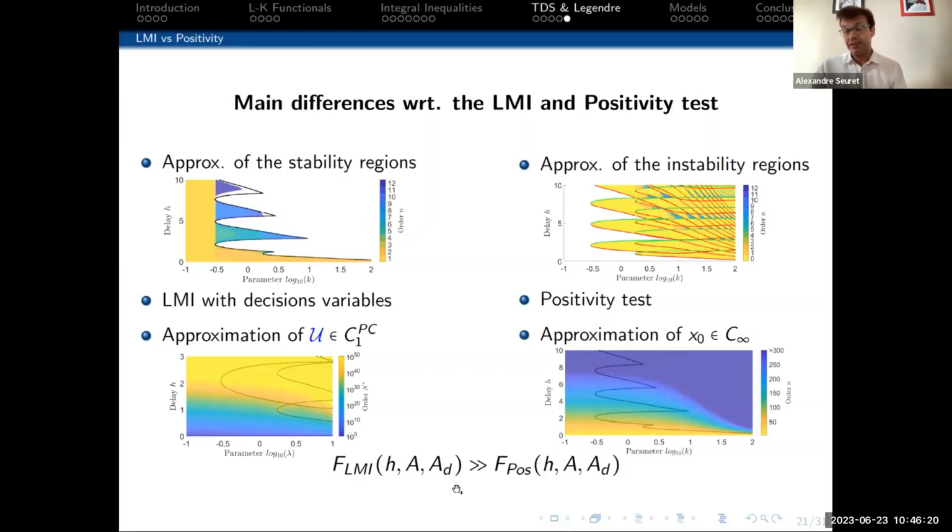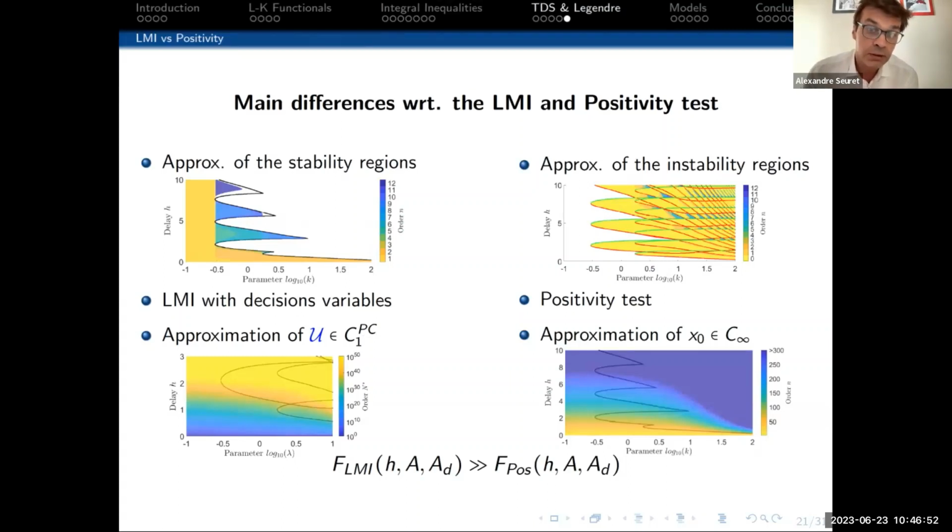And finally, we have this huge difference with respect to the estimation of the order for the necessary and sufficient condition for the LMIs and the positivity test that are very, very different. And this is because in the LMI formulation, we need to approximate the Lyapunov matrix U, which is not very smooth because it is only piecewise differentiable, continuous but piecewise differentiable, while in this approach, we are approximating a function x0 that is infinitely differentiable.